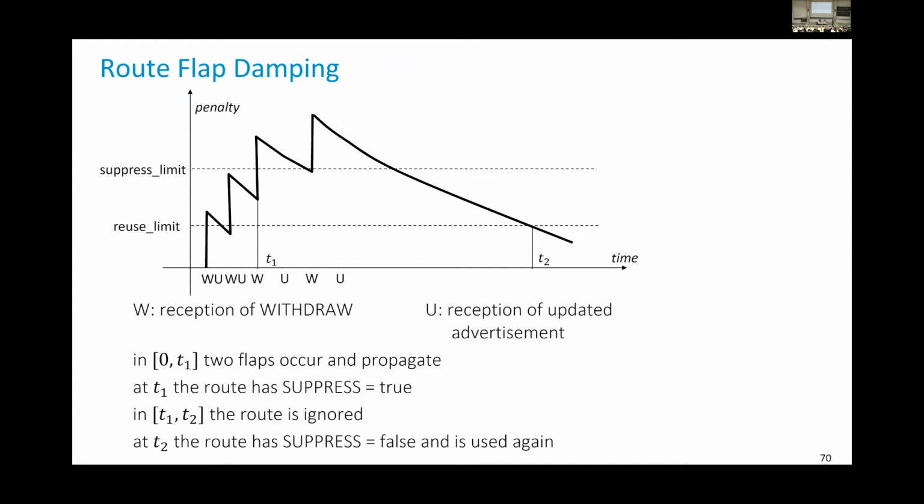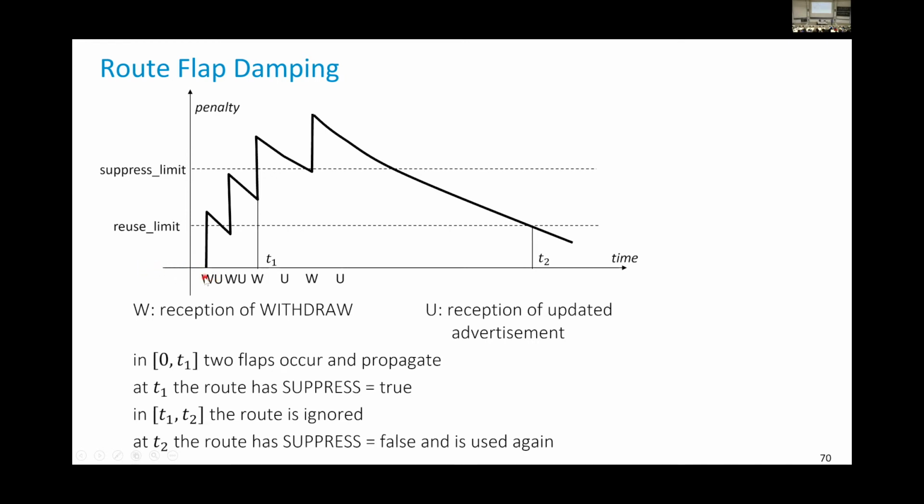How is this done? An additional attribute of every route in a BGP router is a penalty. A penalty value is a value associated with a route, so it is 0 if this route doesn't have any problem. But whenever a route is withdrawn, like here, we see the W event. On the x-axis is time, on the y-axis is the penalty associated with a route that is withdrawn multiple times and received again. The U means we receive an update that reinstalls this route.